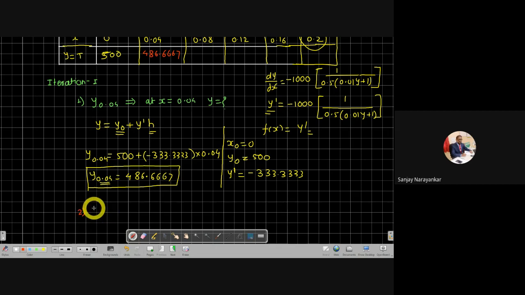Second iteration: what will we do? y at 0.08 is equal to y0 plus y dash h. Now tell me the value of y0 here. 486.6667, and just tell me the y dash value.